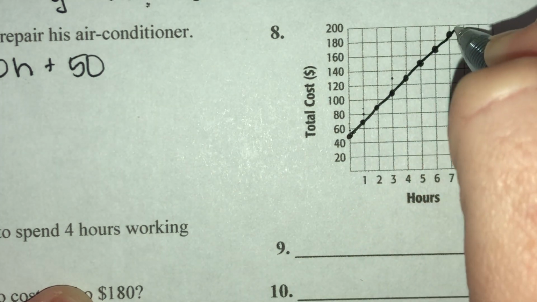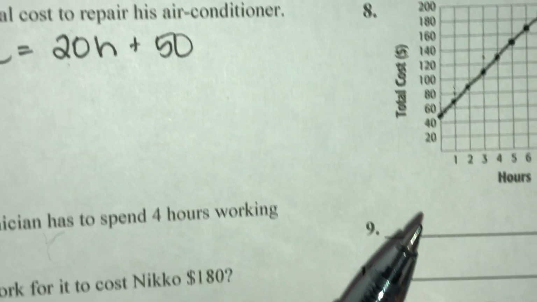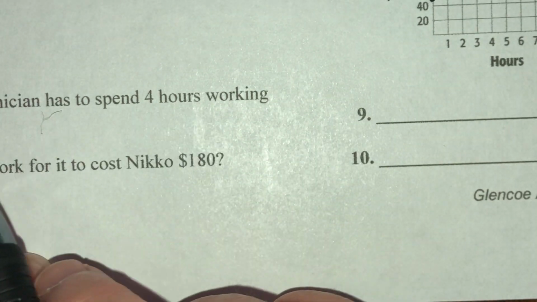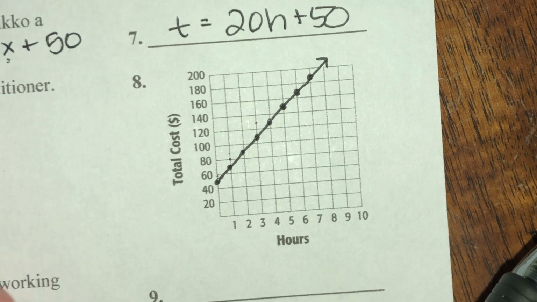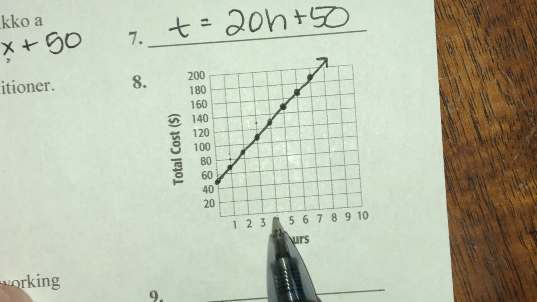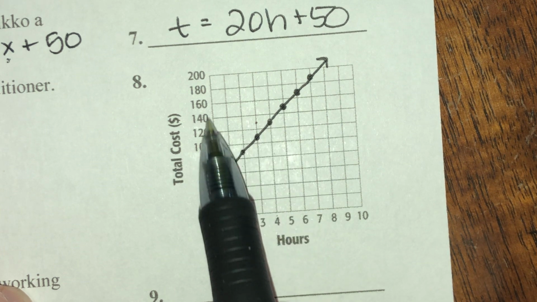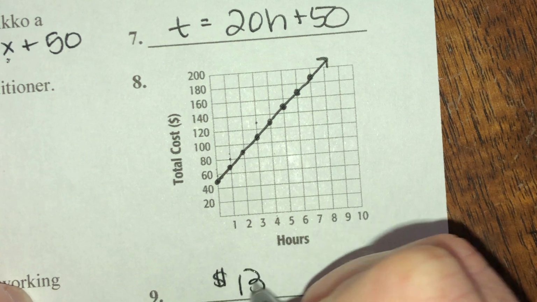Okay, so now you can either use your graph or you can just use math from the equation to answer the next 2 questions. How much will it cost Nico if the technician has to spend 4 hours working on the AC? All right, well, we can come over here to our graph, go over to the bottom here, 4 hours, and that goes up to halfway between 120 and 140, so that should be $130.